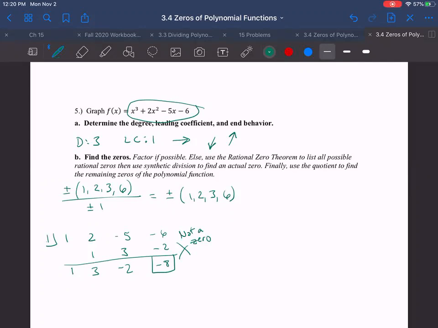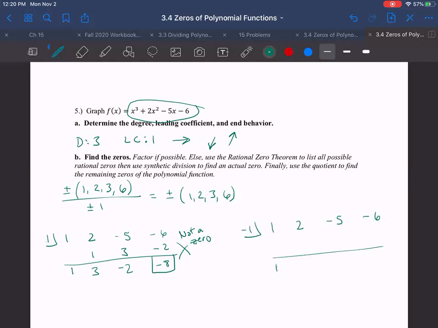So I'll go to the very next number, and that's -1. I'll try -1, and again I'm going to divide it into the same thing, our original function. I have the same coefficients here, 1, 2, -5, -6, doing the same thing but this time with a -1. I'm going to bring my 1 down.